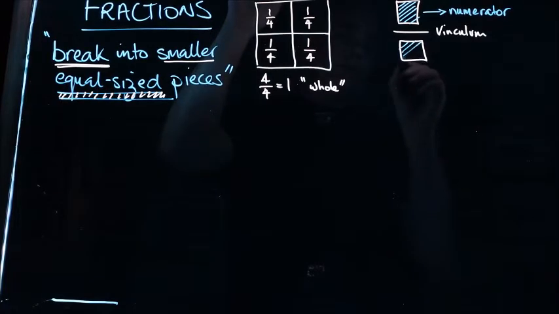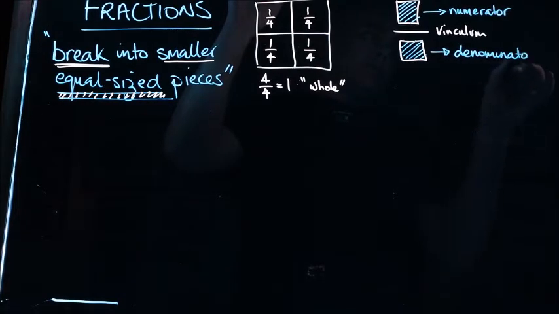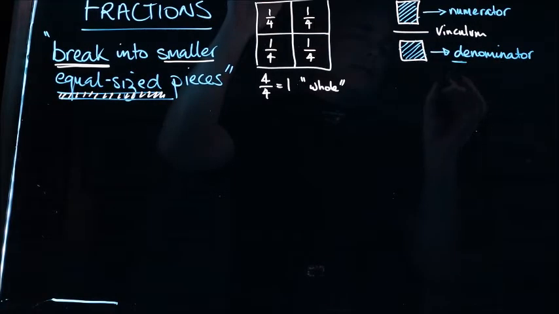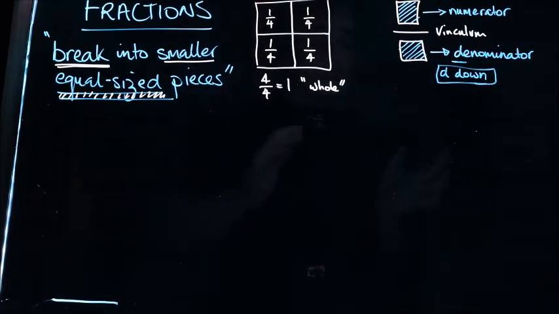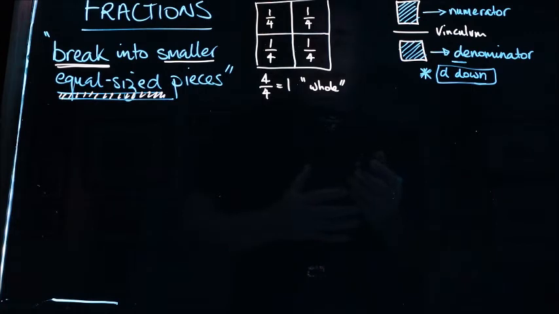And this box below the line, or below the vinculum, is called the denominator. I just remember D for down, and so that's below the line. That's what I remember, at least anyway, when I'm trying to work out those two words. So maybe that's helpful for you in that little game of working out what each of the words mean.